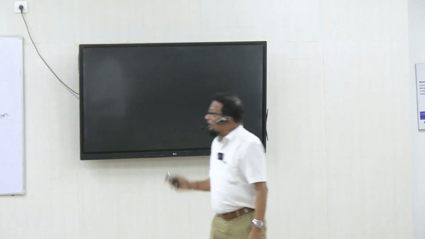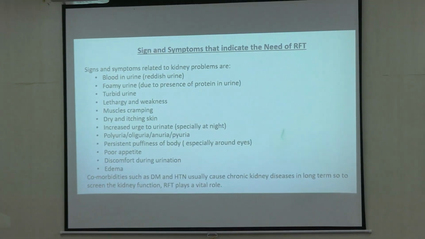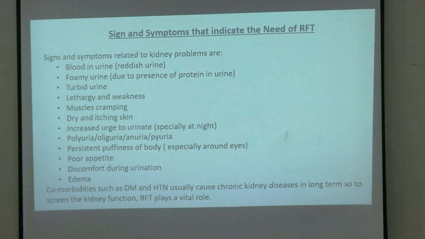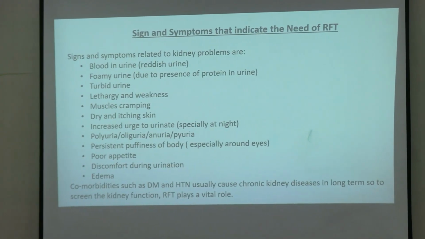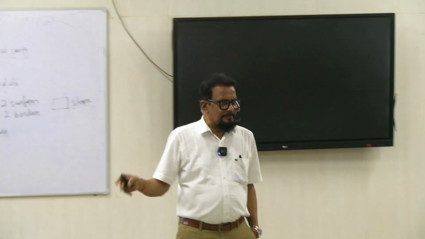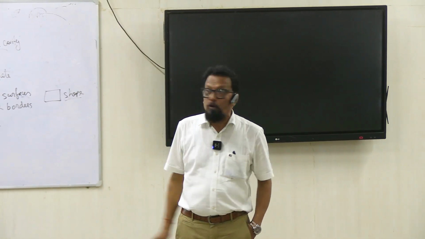Now, what are these indications that prompt a doctor to advise tests? These are the signs and symptoms reflected in renal diseases. First, blood in urine. And foamy urine means a lot of proteins are going. Normally protein is not present in urine, or very small in amount.